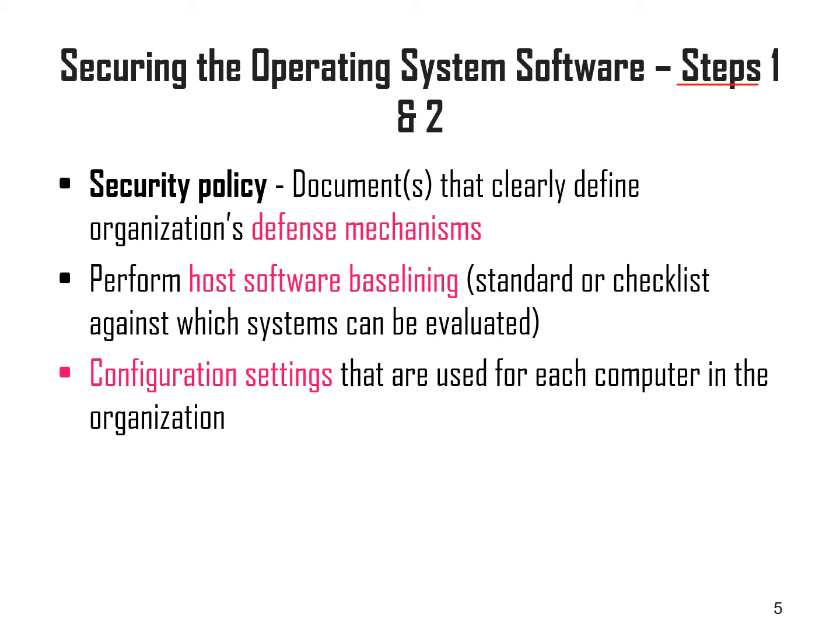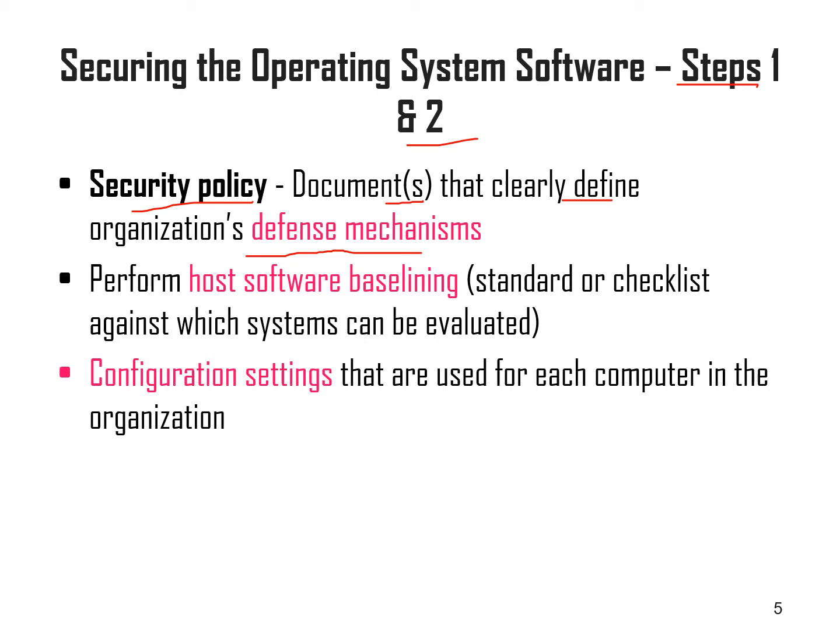So what are the first and second steps combined? We can have a look here. Security policies are documents that clearly define the organization's defense mechanisms. As I said earlier, each and every organization has its own security policies, represented in the form of documents.